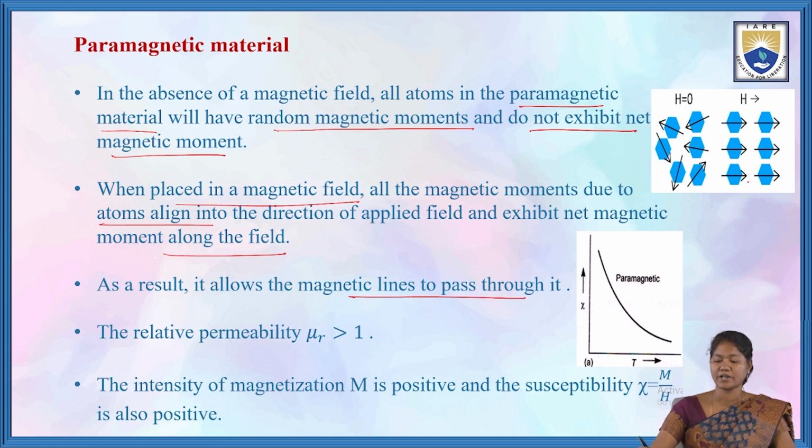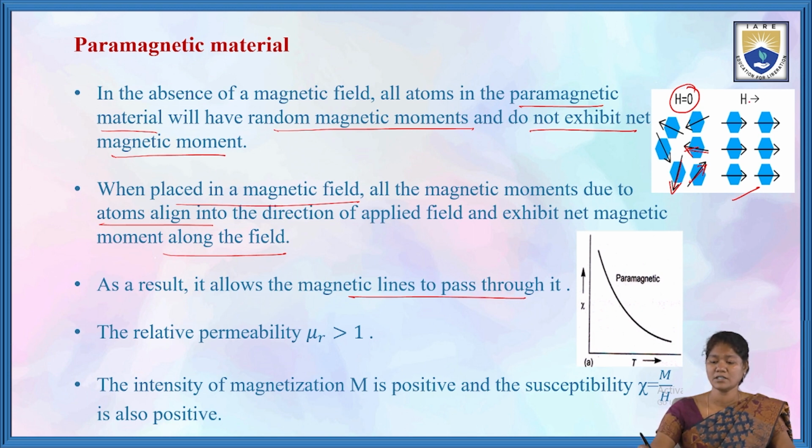So here in this diagram, in the absence of a magnetic field, it has different, that is, random orientations of magnetic moments.